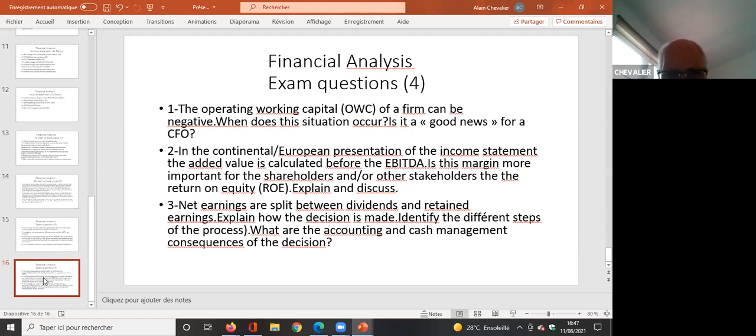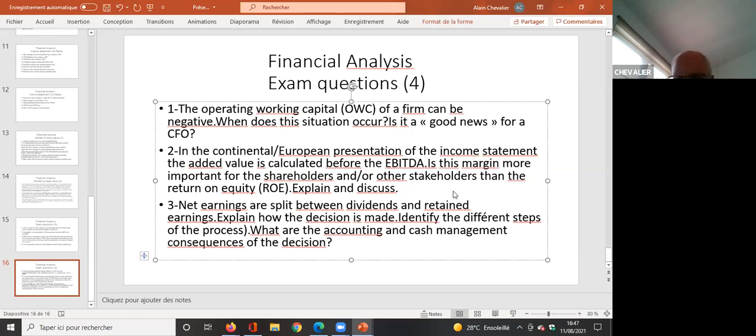And the question here is: is this margin more important to the shareholders and to other stakeholders than the return on equity? Explain this.